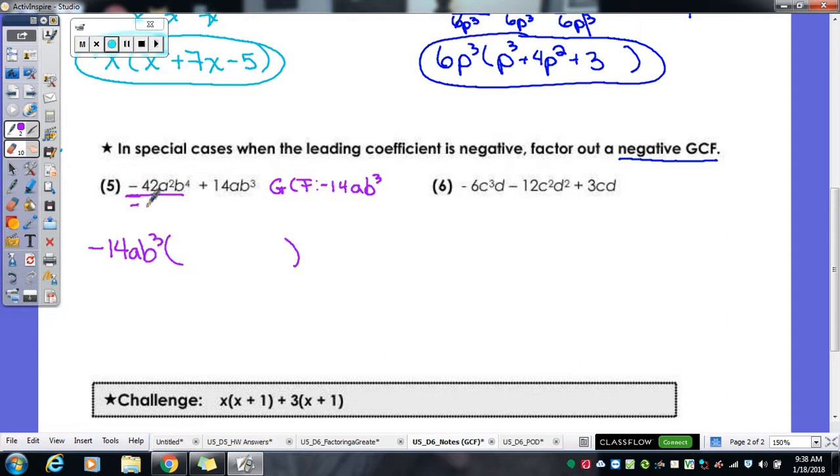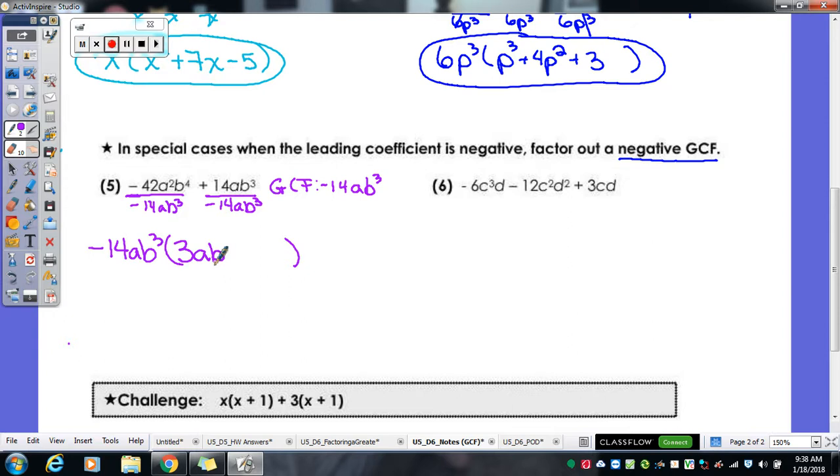Set up my parentheses. So negative 42 divided by negative 14 would be 3ab. Nope, because 4 minus 3 gives me b to the first.